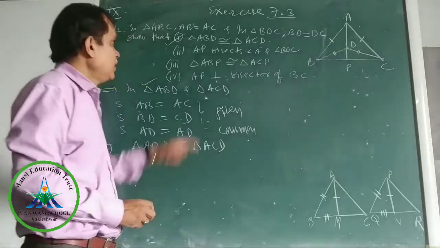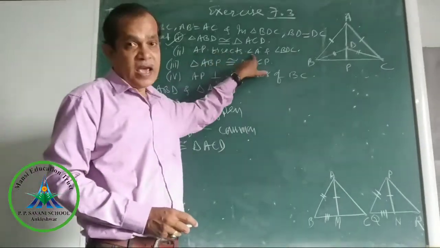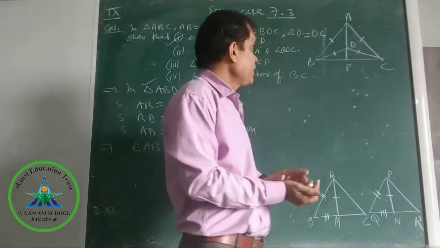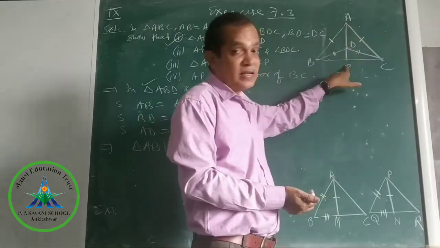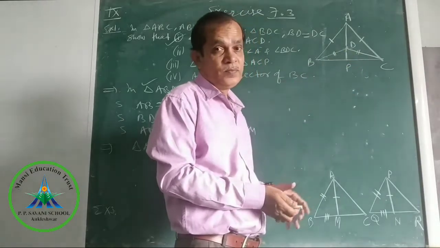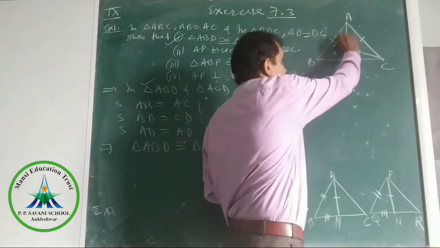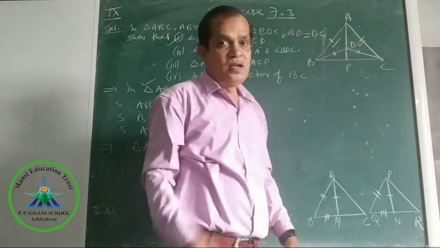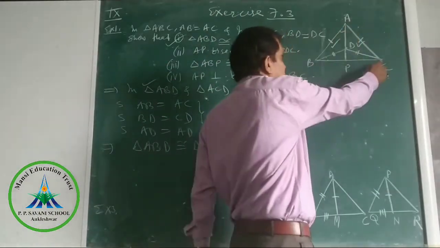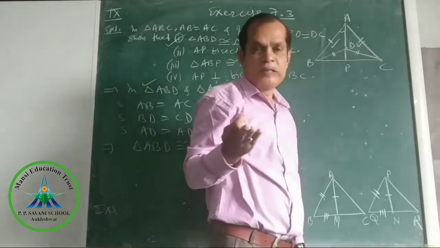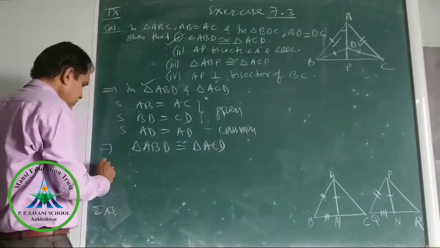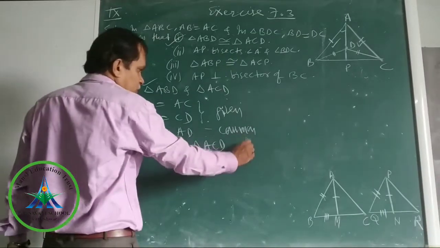What is second? AP bisects angle A as well as angle BDC. AP bisects angle A and angle D. Now, if this triangle is congruent to this triangle, definitely angle BAP equal to angle CAP. Simplicity. Yes or no? Now this implies first part we proved.